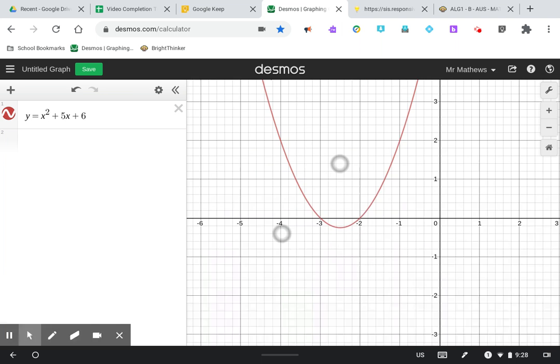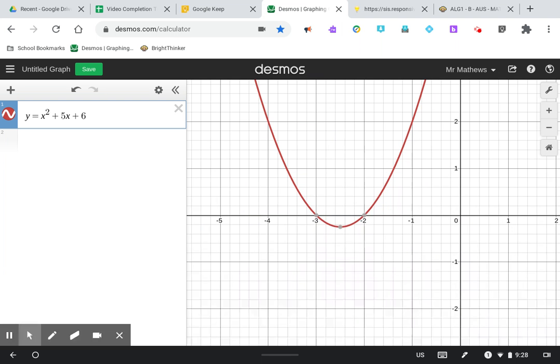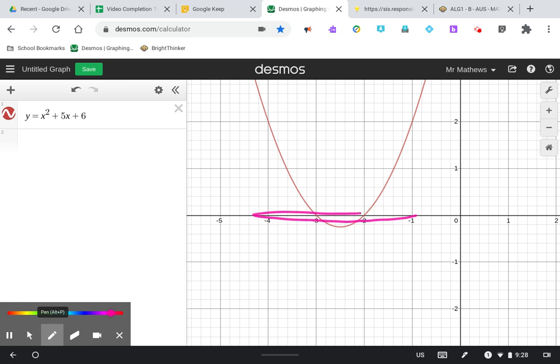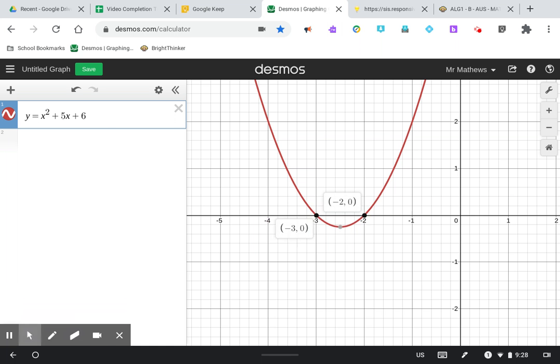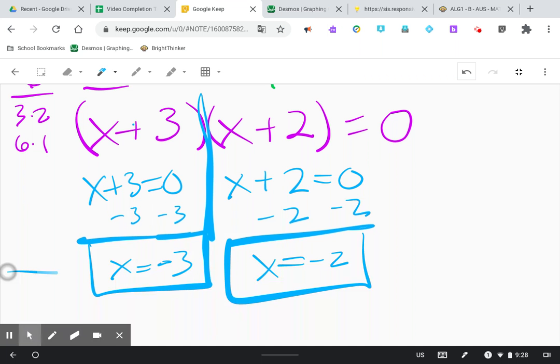And if we zoom in, you'll see that indeed, when I graph that, and remember, solutions refers to the things where they cross the x-axis, it crosses the x-axis at negative 3 and negative 2, which is what we just found here.